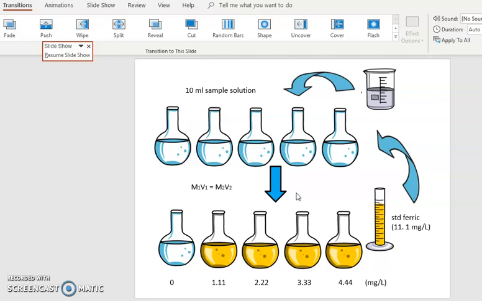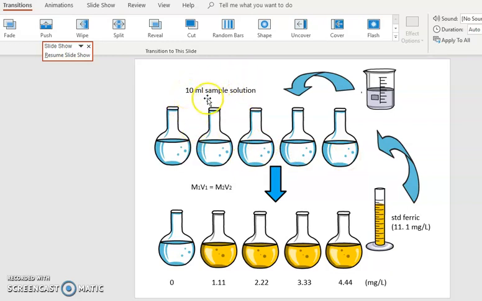Basically, we need to prepare a series of standard solutions. In order to prepare them, first of all, we have to transfer an equal amount of the sample solution, which in this case is 10 ml, into 5 different volumetric flasks.